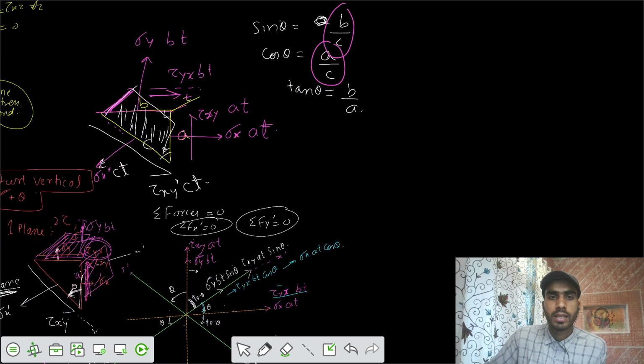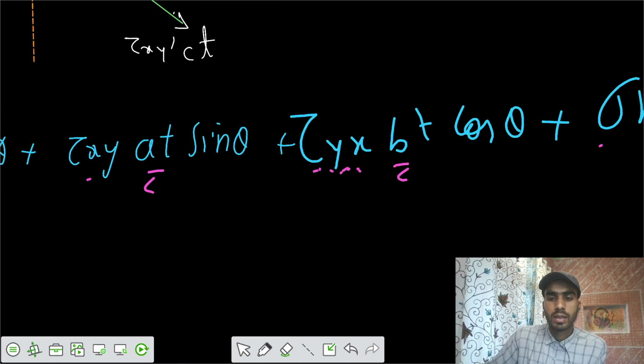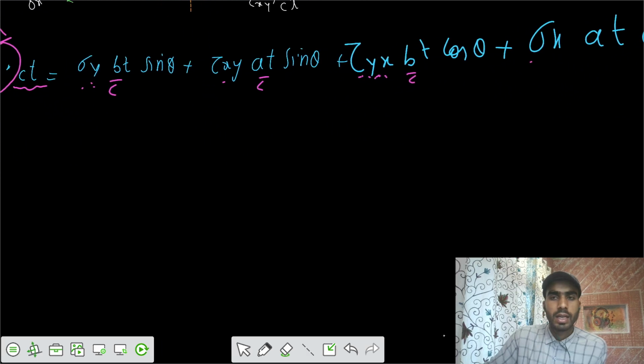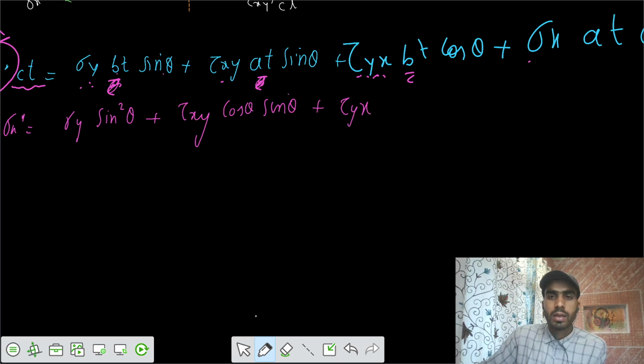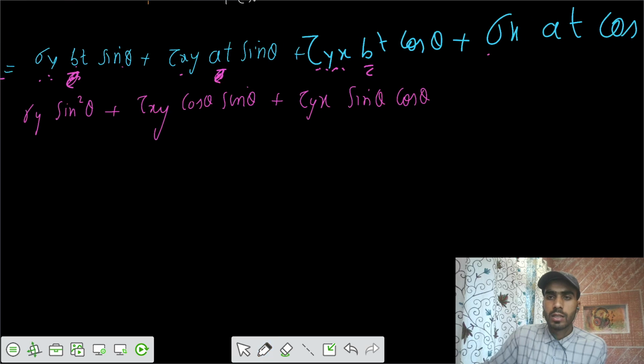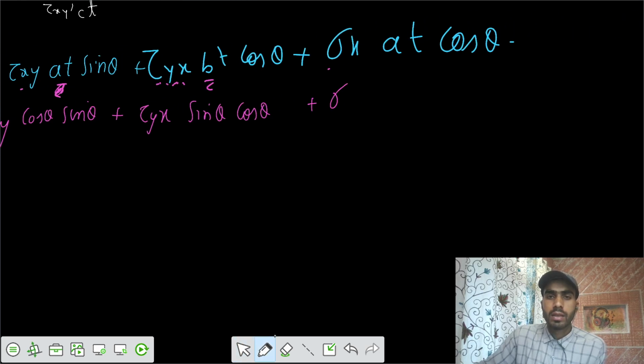So sigma x dash equals sigma y, B by C becomes sine theta, so sine theta into sine theta gives sine square theta, plus tau xy, A by C becomes cos theta, so cos theta sine theta, plus tau yx, B by C was sine theta, so sine theta cos theta. Similarly, sigma x, A by C was cos theta, so cos square theta.